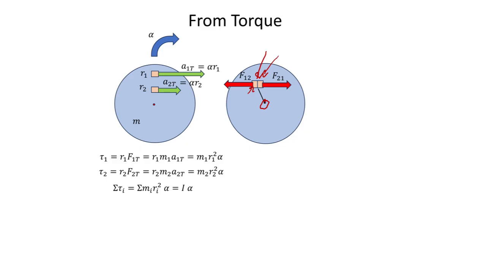But it exerts an equal and opposite force on the object on the left, and they both have the same lever arm. So if I sum over all the torques, the internal torques cancel, just like internal forces cancel. So if the sum of the internal torques is 0, I can just say that I alpha is the sum of external torques. And that's normally quoted as Newton's second law for rotations.